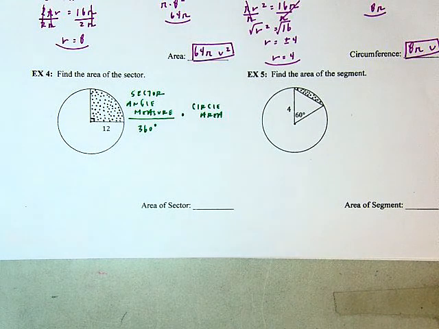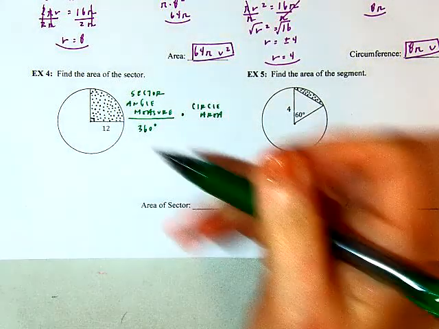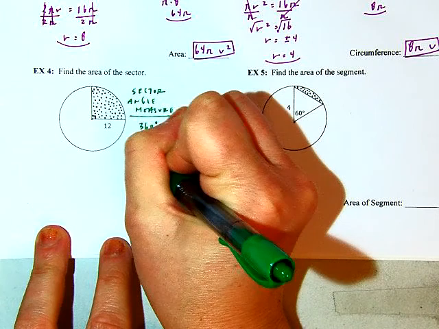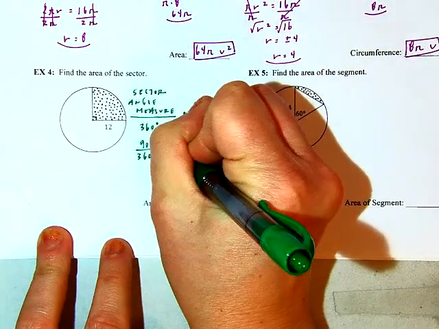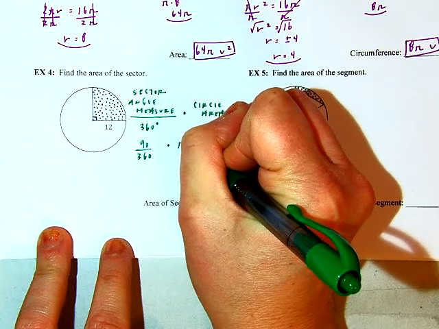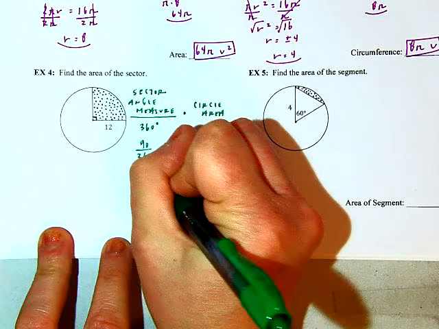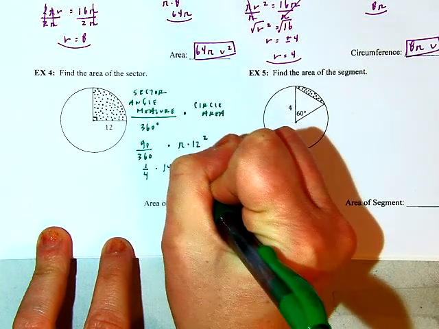All right, so again, my sector is 90 degrees. I see that right angle right here, 90 degrees. So ratio of sector to circle, 90 to 360, and then my circle area is pi times r squared, so 12 squared. So I'm really looking at, well, what is 1/4 of 144 pi?